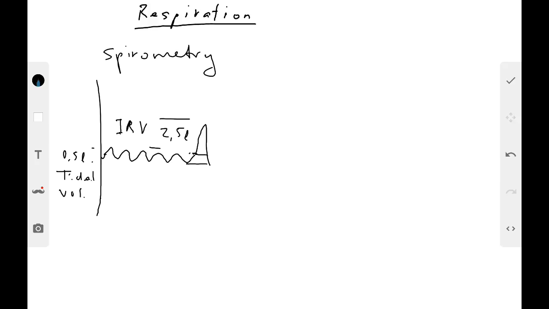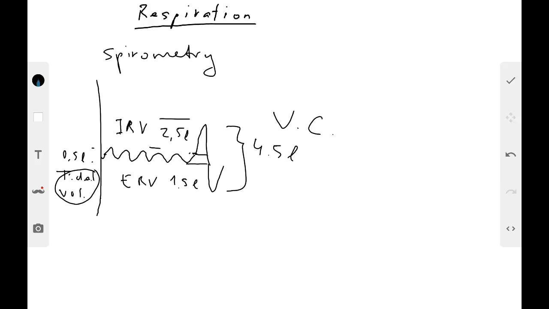After quiet expiration, a person may additionally expire about 1.5 liters of air. The sum of these volumes, inspiratory reserve volume, tidal volume, and expiratory reserve volume, will be about 4.5 liters, and it is called vital capacity.